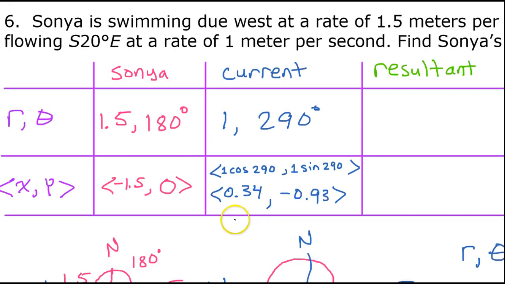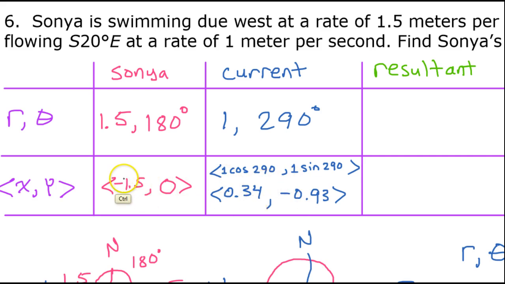Now the point of putting these both in component form is so that we can add them together and find the resultant in component form. There's no way we can easily combine these when all we have is the magnitude and direction. But in component form, we can just add the corresponding parts.